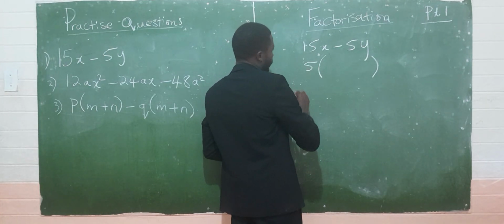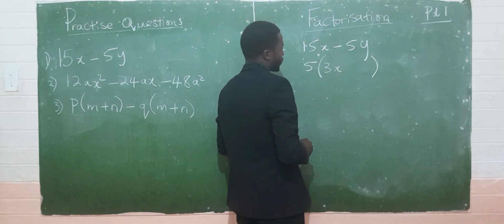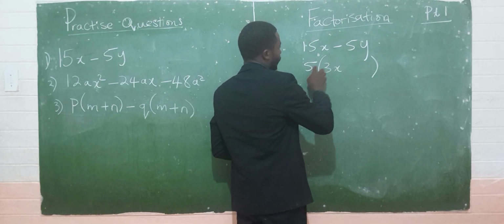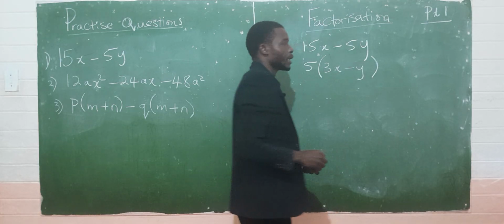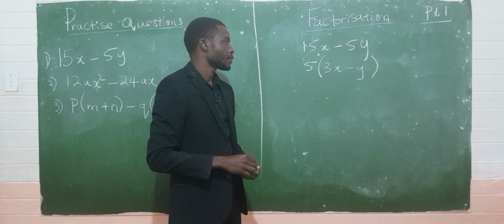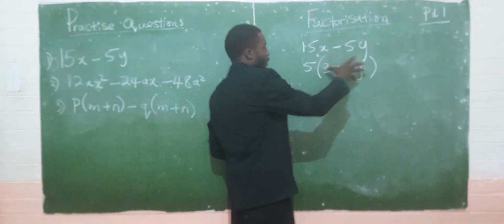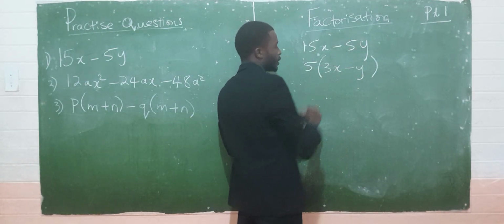What is 5 into 15x? Of course, this will be 3x. And 5 into negative 5y should just be a negative y. And they're factorized. You have this factor and this factor that when you multiply them, they give us this.